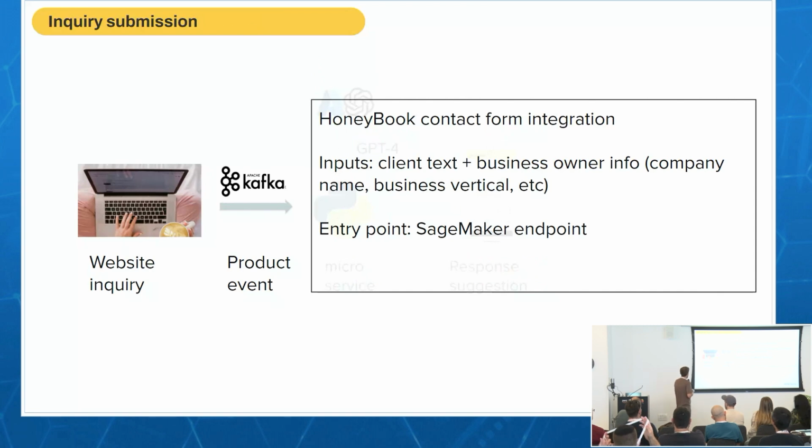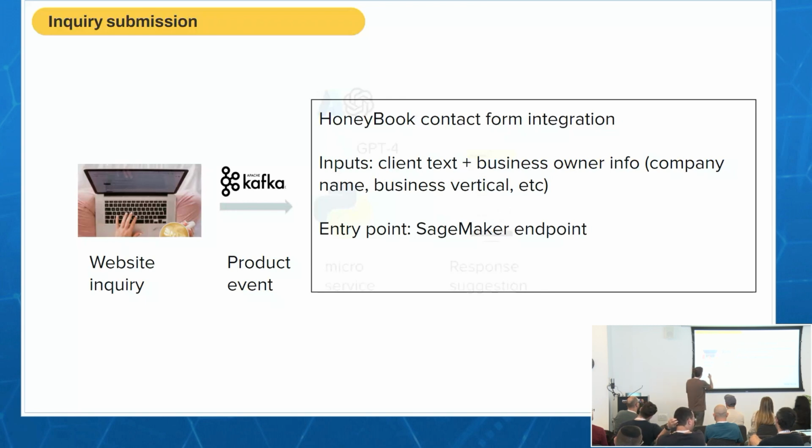First of all, the inquiry submission. So we had this architecture beforehand, and this was one of the motivations for us to choose this use case. We had the integration, we had the Kafka event with all the relevant information. So that was a very, very important motivation for this decision, for going with this feature.